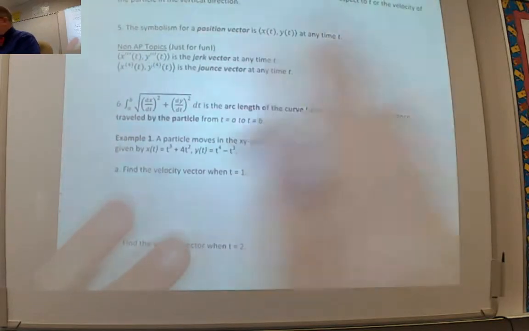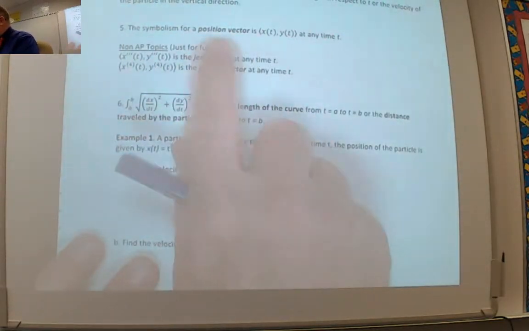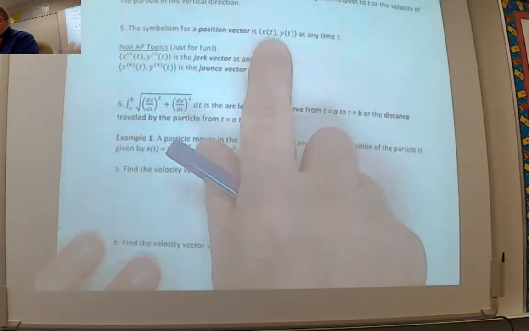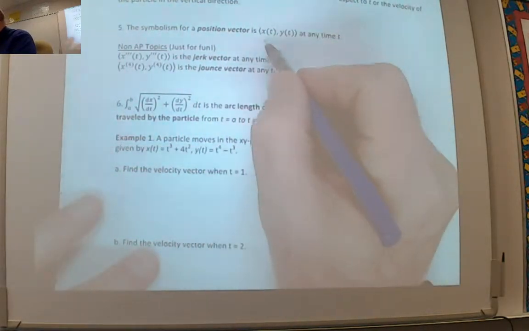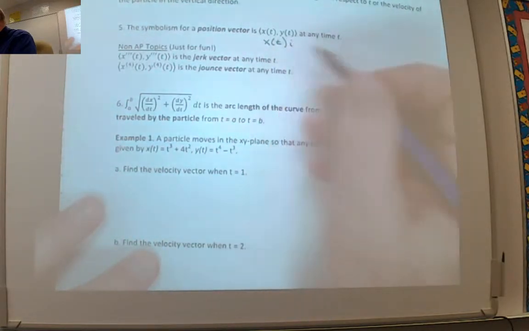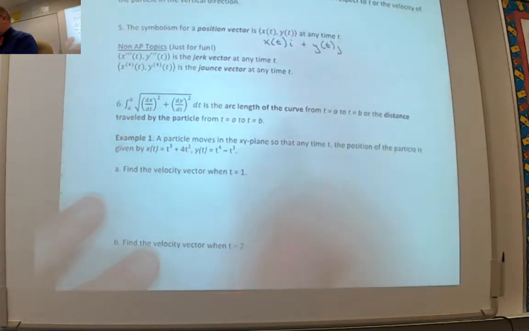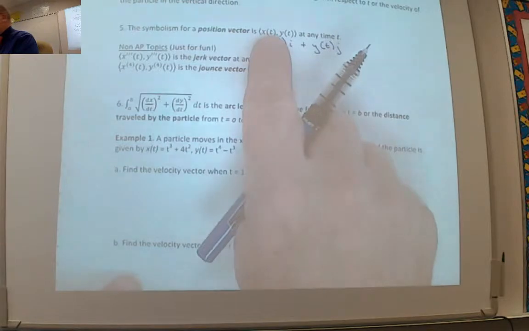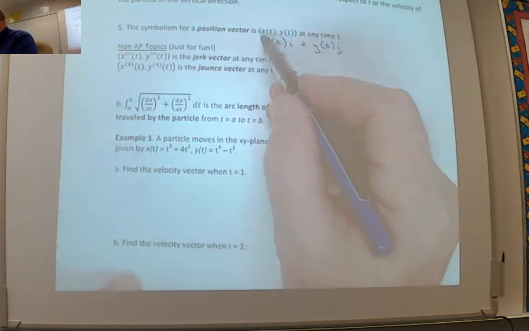The symbolism for the position vector looks like this, which is the same as this: x(t) i plus y(t) j. And the reason I give you that is some problems write it that way instead of this way with these symbols.